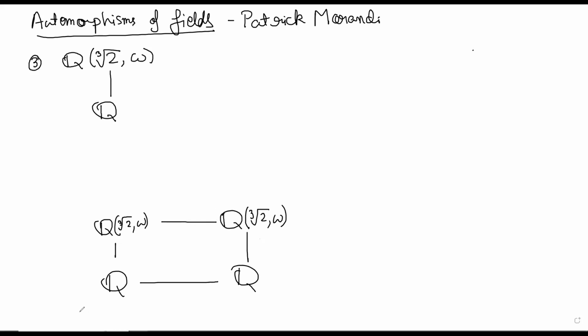But for example, if I send cube root of 2 to cube root of 2 and then I send omega to omega square, they would have a name for this, tau. So the question is for you: why is tau an automorphism?